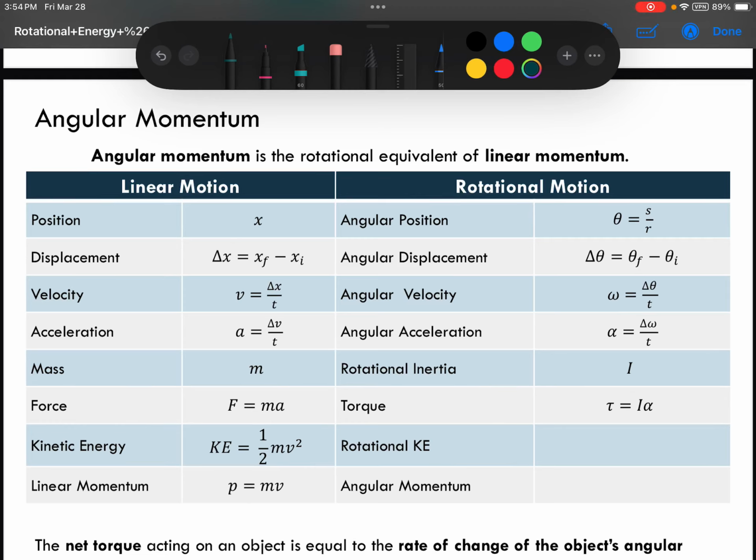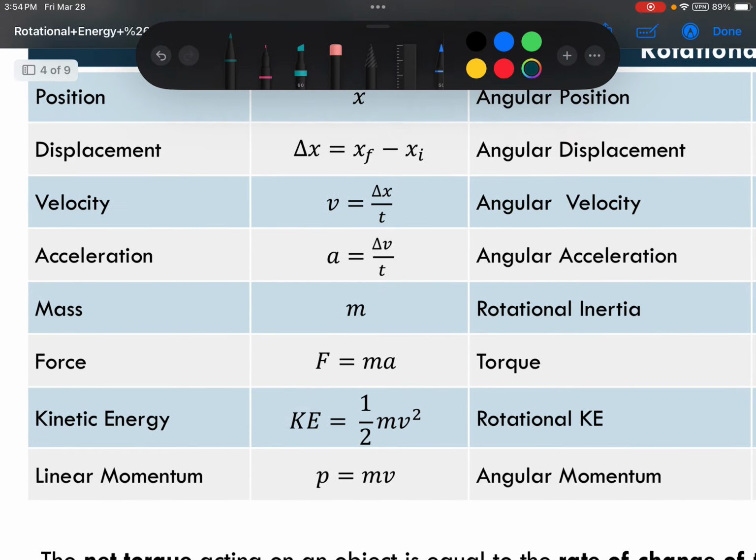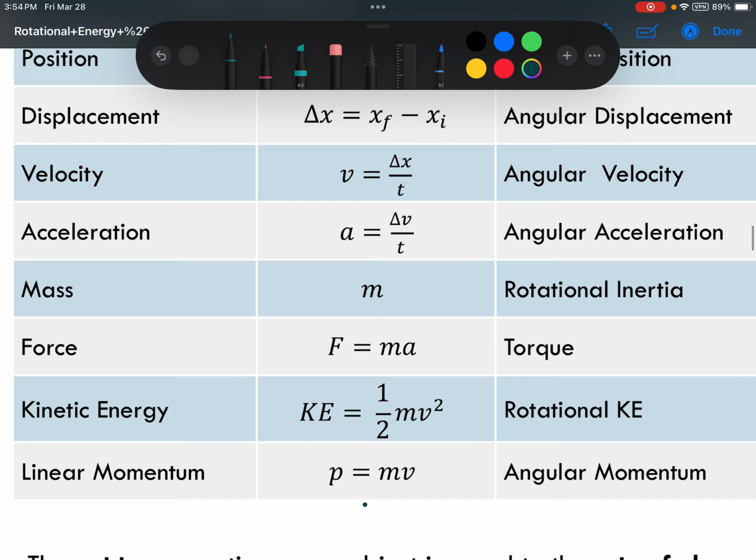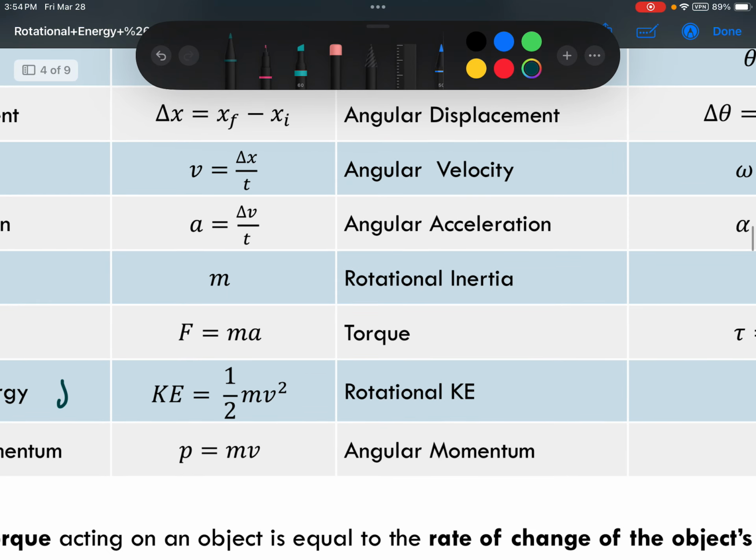Here we have the most up-to-date table of all of our linear motion variables right next to their rotational motion counterparts. We've previously defined through torque. Within these last few videos, we talked about the energy for linear motion, kinetic energy, measured in joules, and luckily for rotational motion, that kinetic energy is also measured in joules.